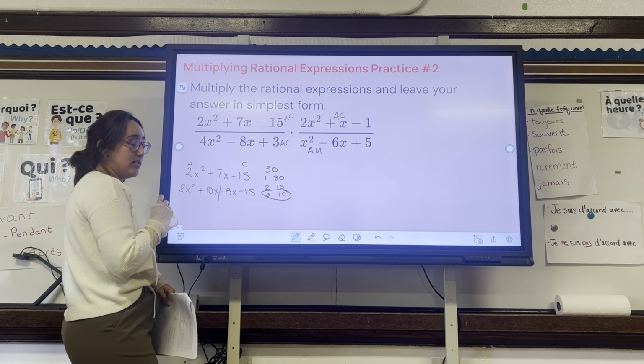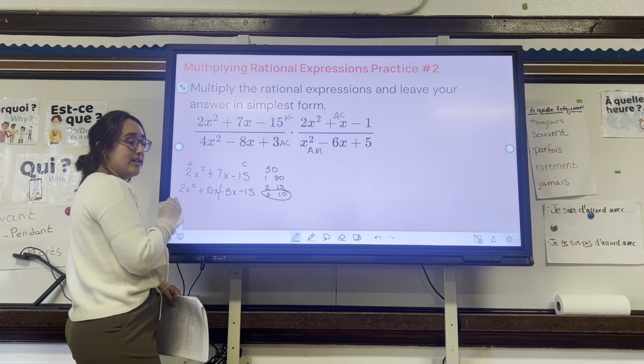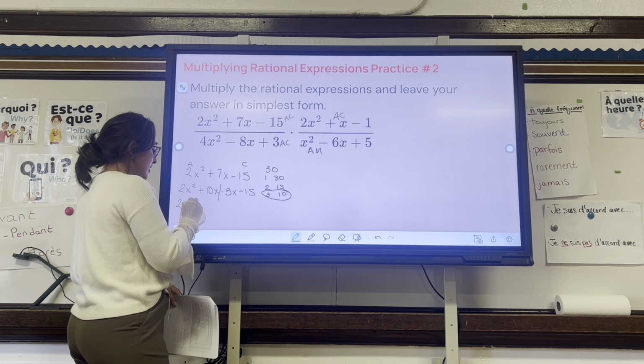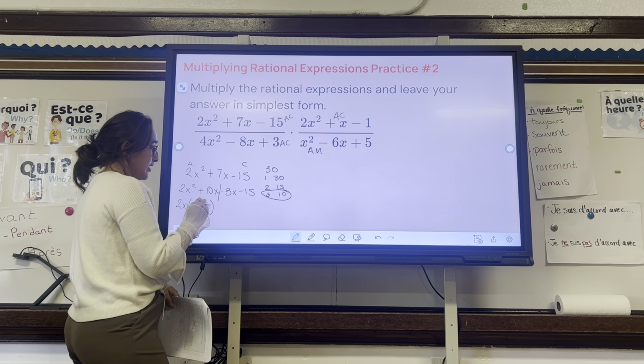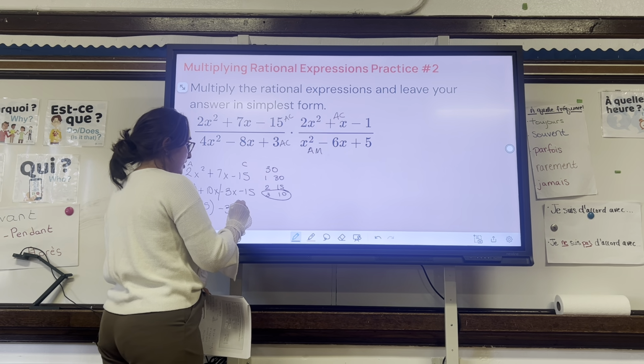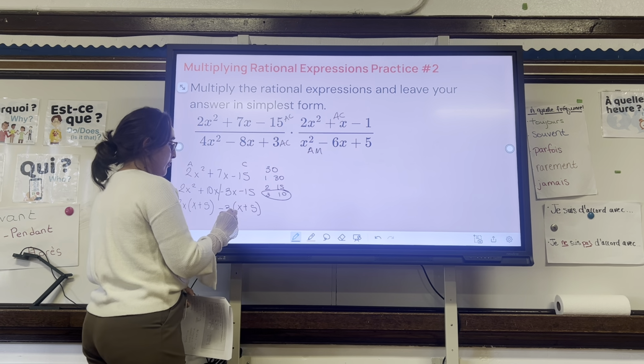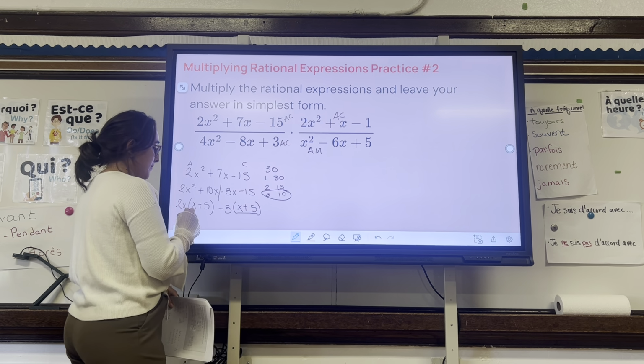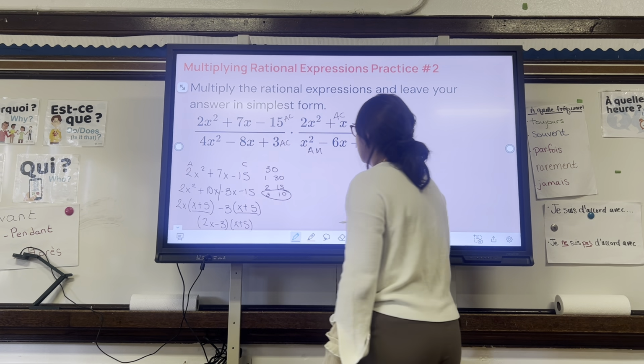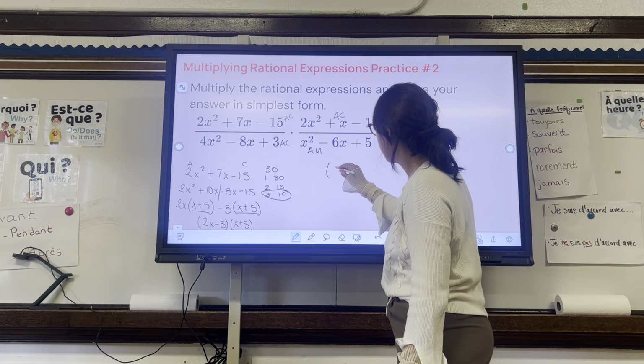Split it in half, all right? 2x squared and 10x have a 2x in common, and we're left with x plus 5. They have a negative 3 in common, and we're left with x plus 5. Remember, these have to match. So we're left with 2x minus 3, x plus 5. So that is the first one. All right, so I'm going to write that down here.